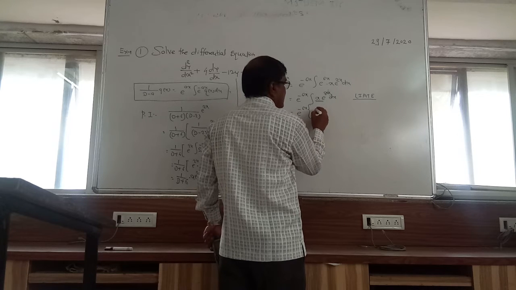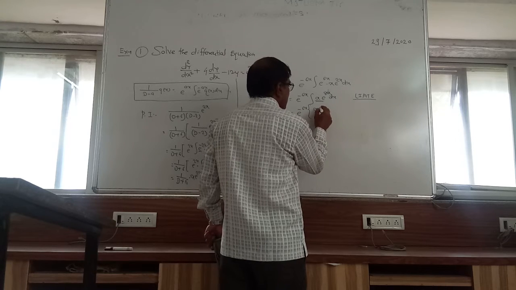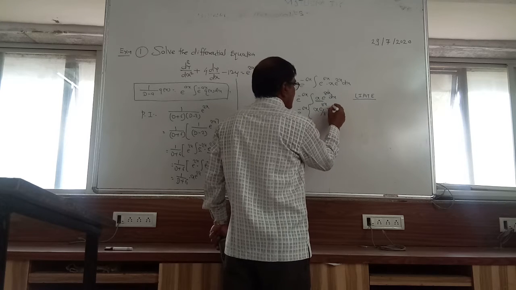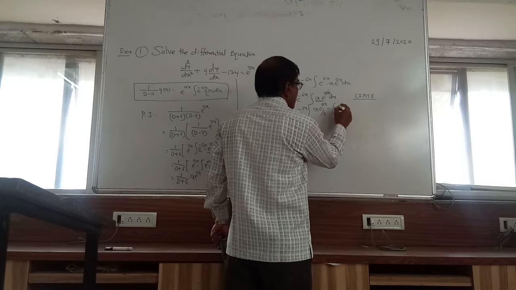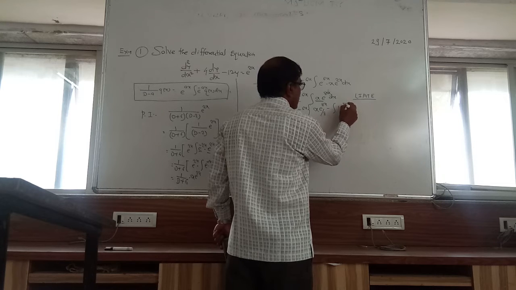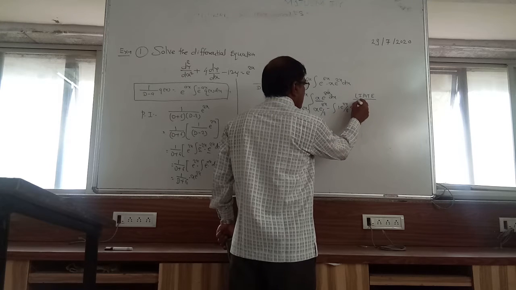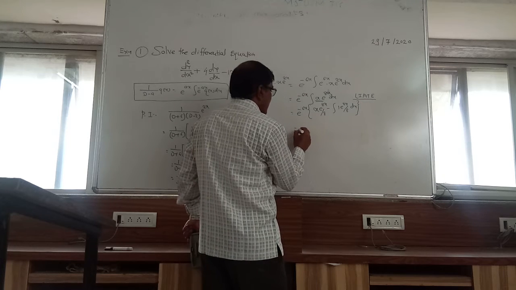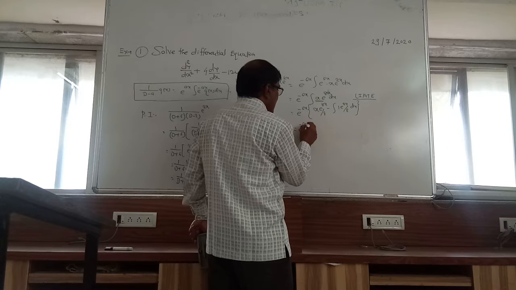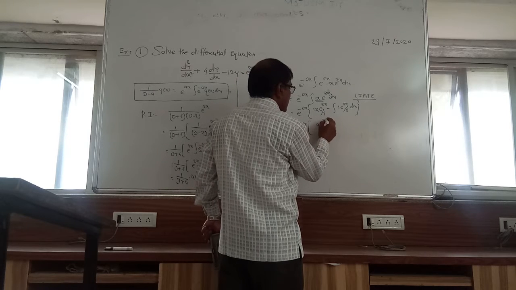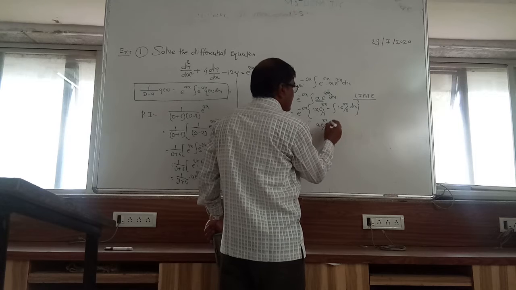So integration: the first as it is, e raised to 8x upon 8, minus the whole integration of the derivative of the first one, e raised to 8x upon 8 dx, and here e raised to minus 6x, that is x into e raised to 8x upon 8.